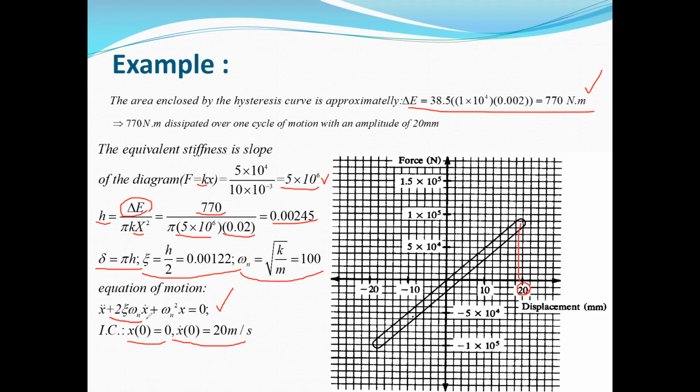And here you can see in the equation of motion, we have the damping ratio. Again, I should mention that this equation is valid only for harmonic excitation or harmonic motion. Okay, so the next step, we need to solve this equation according to the initial conditions.